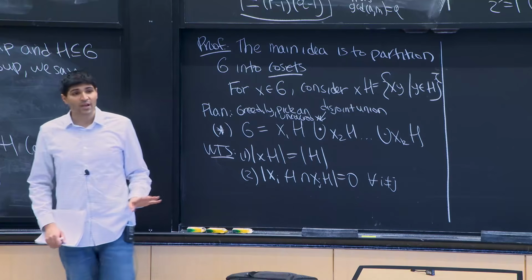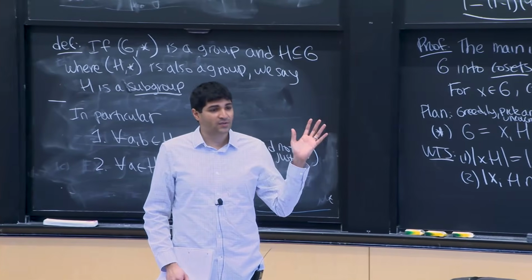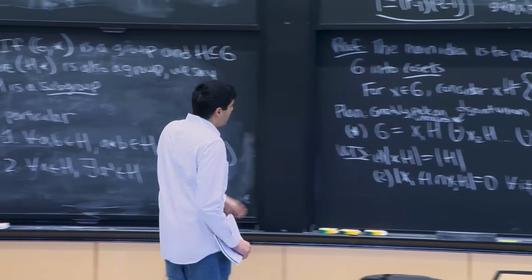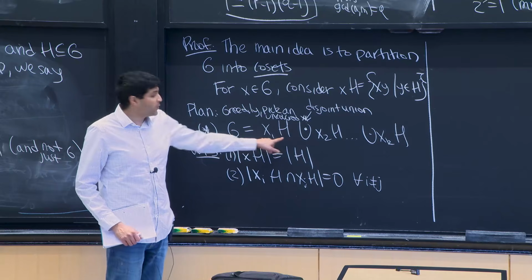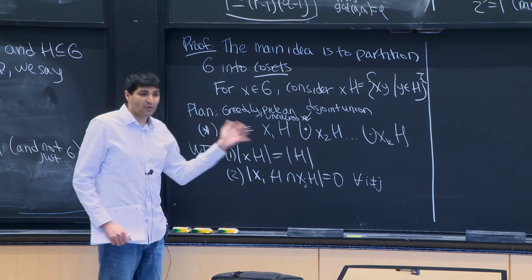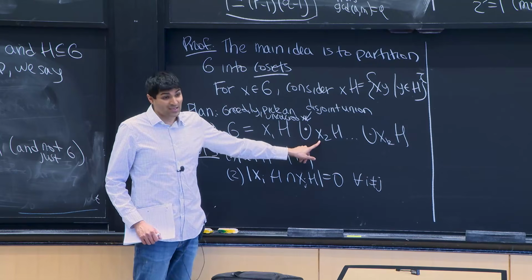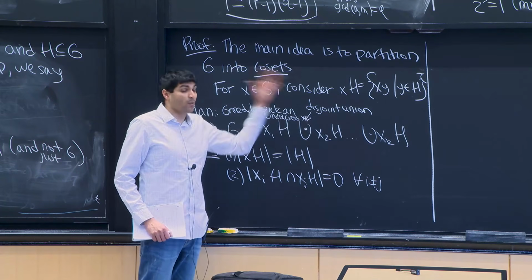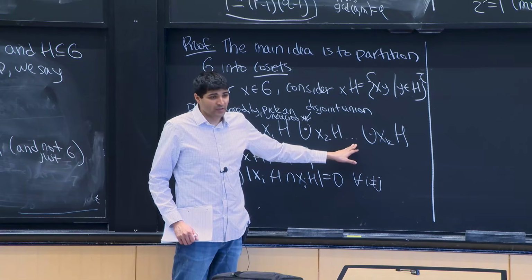I've covered none of the elements of G. I take any arbitrary element x belonging to G that's not covered, which is all of them. That will be my x1. That defines a coset. I pull that coset out of G. All of those elements are now covered. And then I take any other element that's not yet covered. That's my x2. It defines a coset. I pull it out. And I keep recursing in this way.